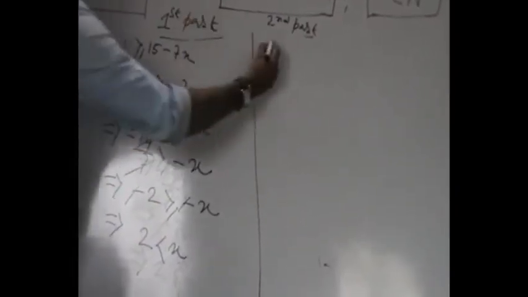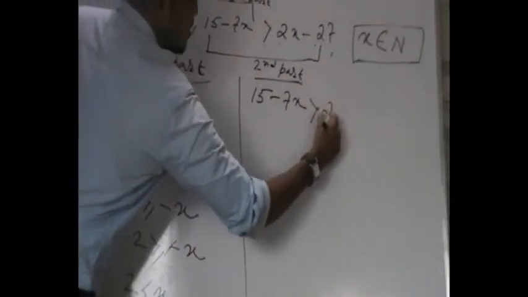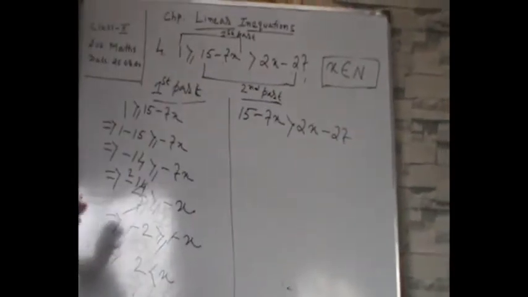So the solution of the first part is 2 less than equal x. Clear? Now the second part. 15 minus 7x greater 2x minus 27.